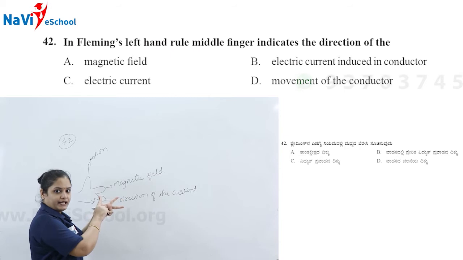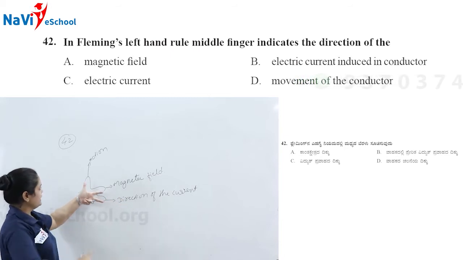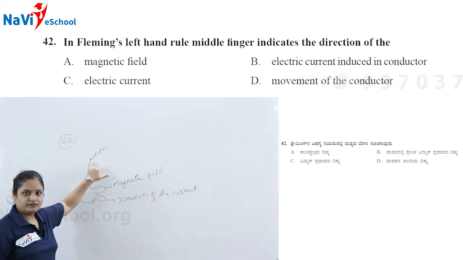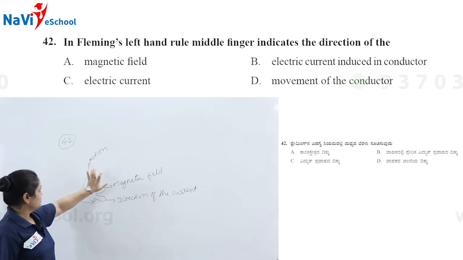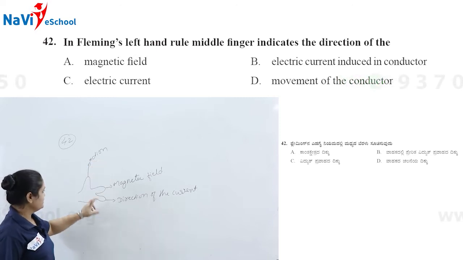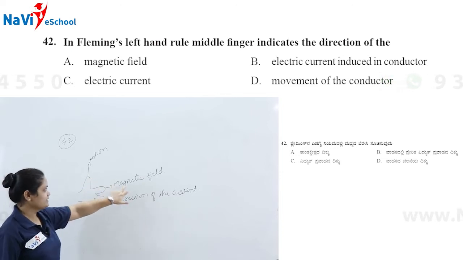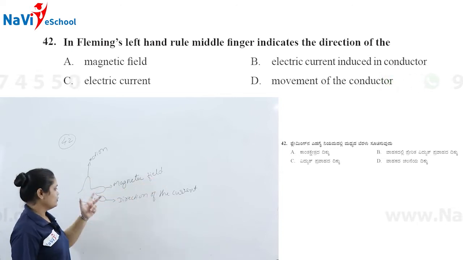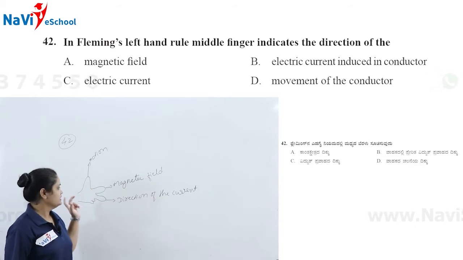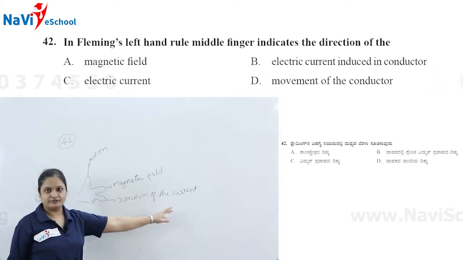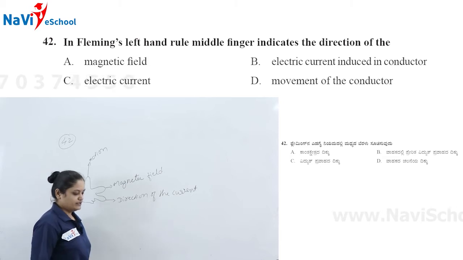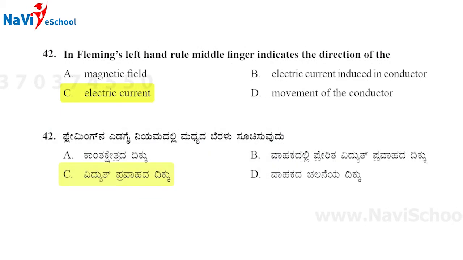The thumb indicates the motion of the conductor, and then this forefinger indicates magnetic field, and what about this middle finger? This indicates the direction of the current. Therefore, here our answer is option C.